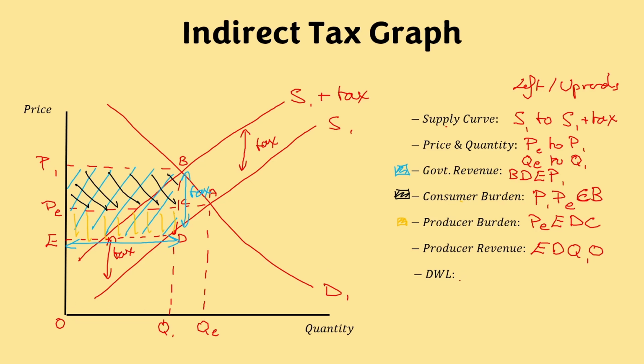And finally, let's finish with deadweight loss. So the deadweight loss is the welfare loss to society. And the deadweight loss is this triangle here, ABD. Now, let me shade it as well so it's clear. It's this triangle here.